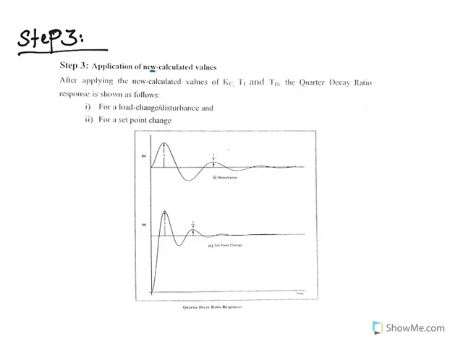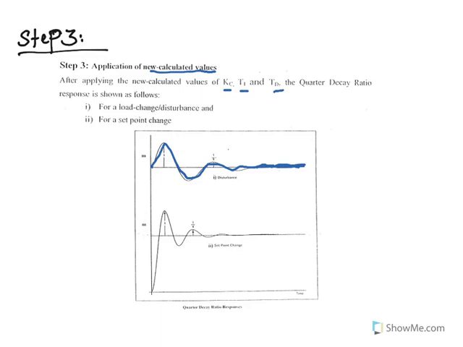After implementing the new calculated values of Kc, Ti, and Td, the quarter decay ratio response is shown here. Here is the disturbance. We can see it still shows some oscillation, but it reaches the set point immediately after the second wave.